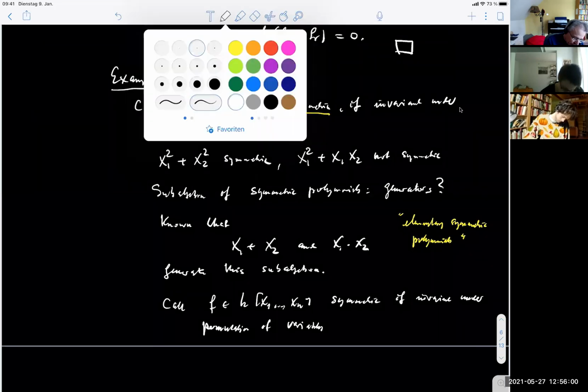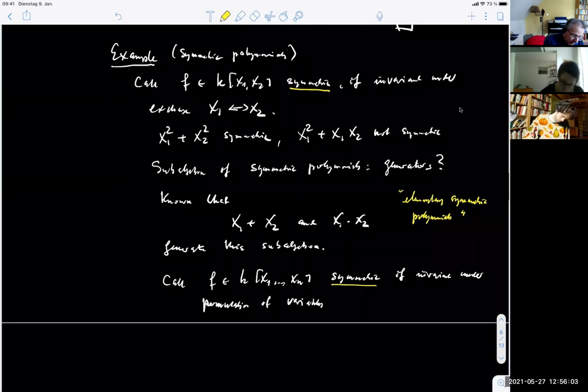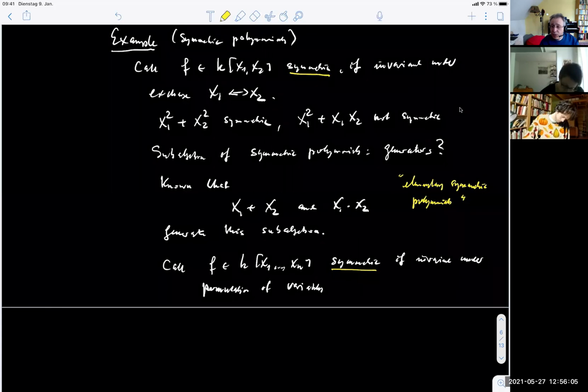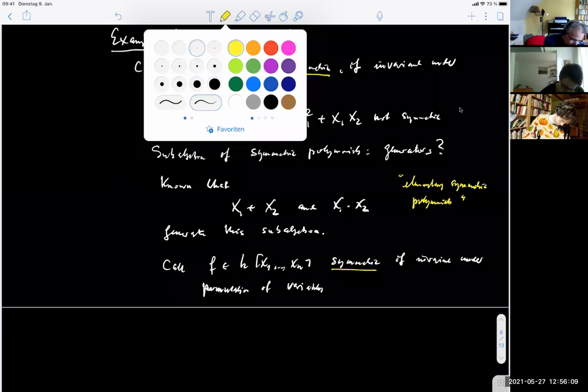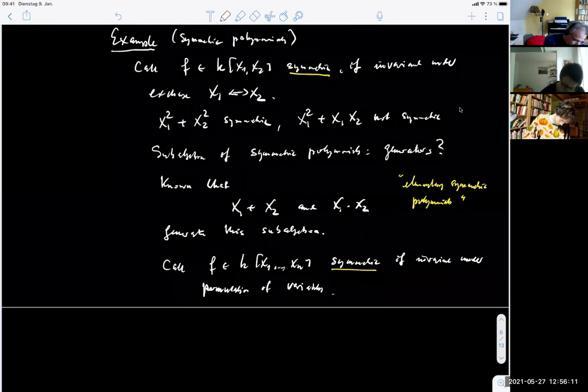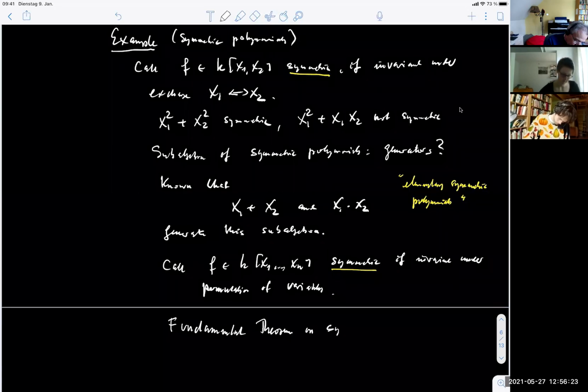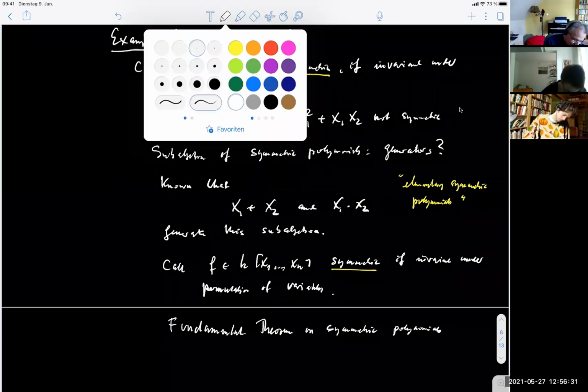Okay, this is more general. And again, we can ask, what is the subalgebra of symmetric polynomials? And the fact is, this is the fundamental theorem on symmetric polynomials. So it must be important, otherwise it wouldn't be called fundamental.